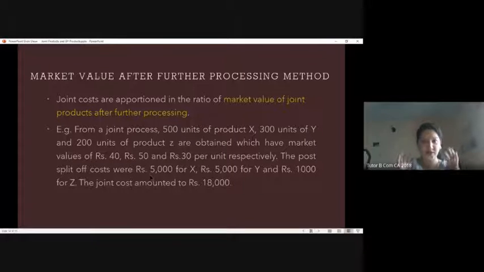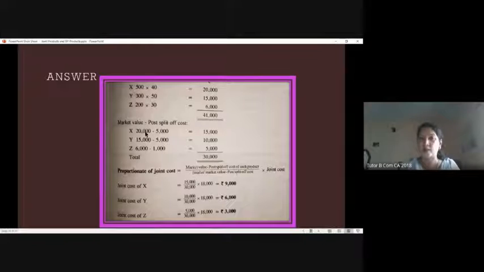So we have a cost of 5,000, which is reduced from the market value to get it adjusted with the actual cost. That's what we are doing here. 20,000 minus 5,000 will give us 15,000. In case of Y, it was 15,000, and the post-split off cost is 5,000. We adjust it, so we get 10,000. And in case of Z, the cost is 1,000 and the market value is 6,000, so we get 5,000. The total of this would be 30,000.